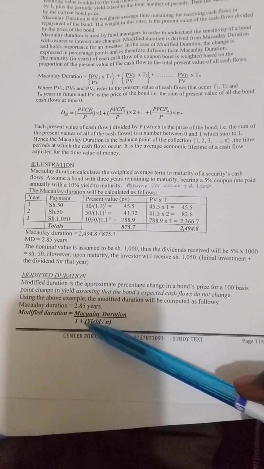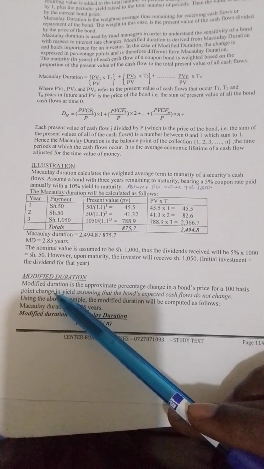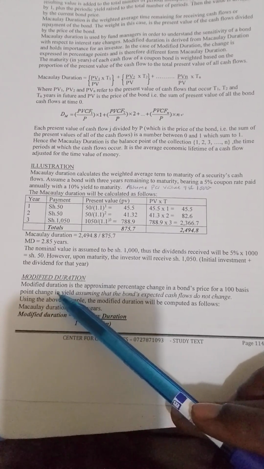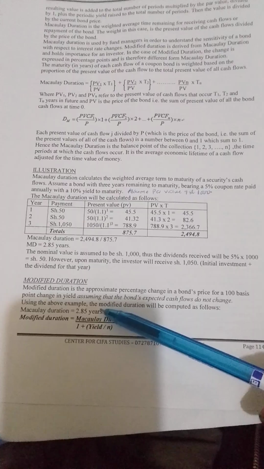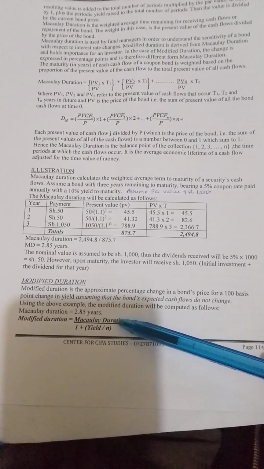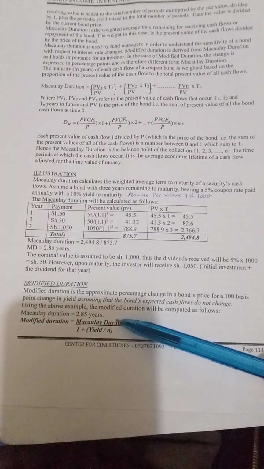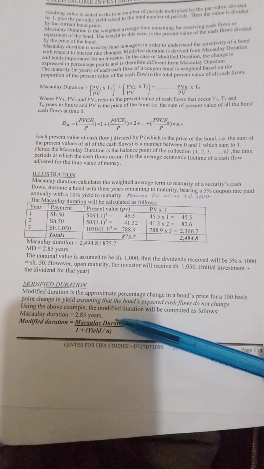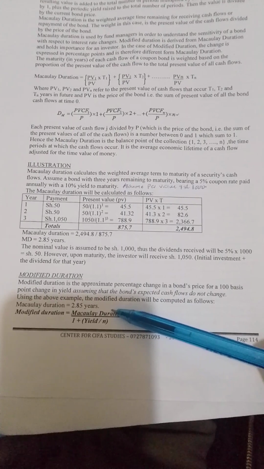Now before that, an important note about modified duration. Modified duration is the approximate percentage change in a bond's price for a 100 basis point change in yield, assuming that the bond's expected cash flows do not change.